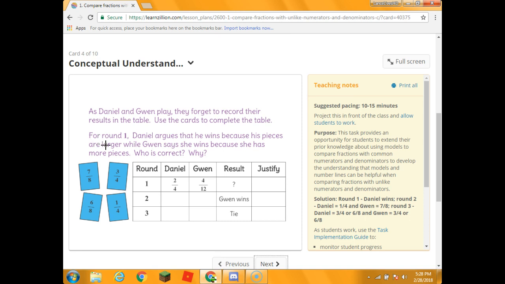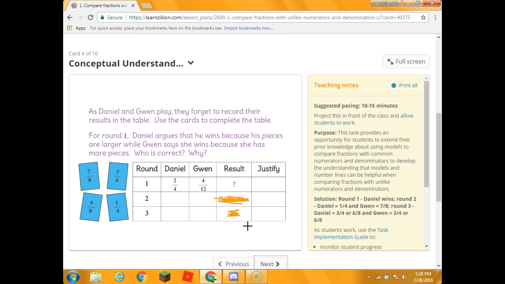So now, round 1, Gwen and Daniel are arguing, and we're supposed to figure out the result of them arguing. So, oh, no. Nope, you can't see that.